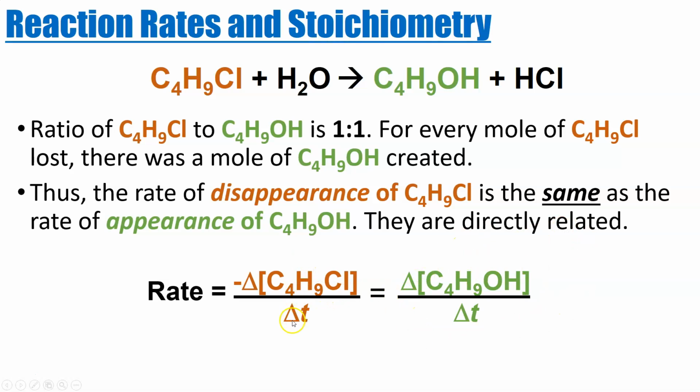If I put in my rate here as a reactant, it's disappearing, it's negative, I'm going to have negative times a negative, which will equal a positive, which is what I want because I'm trying to make it equal to this thing over here. We have a tendency to like putting our reaction rates in a positive term. And so this is where you're going to start seeing double negatives so that mathematically we get nice positive numbers, which we like to work with. Okay? So what if it's not a 1-to-1 ratio?